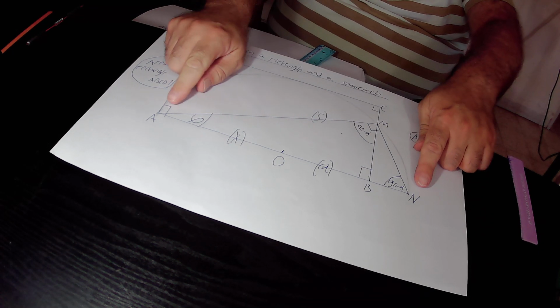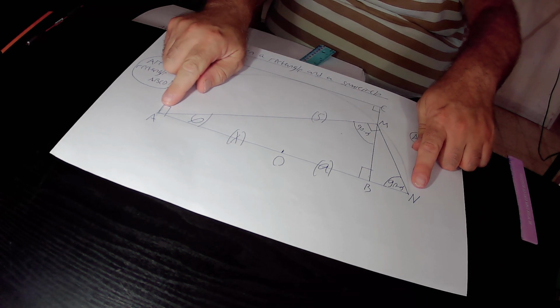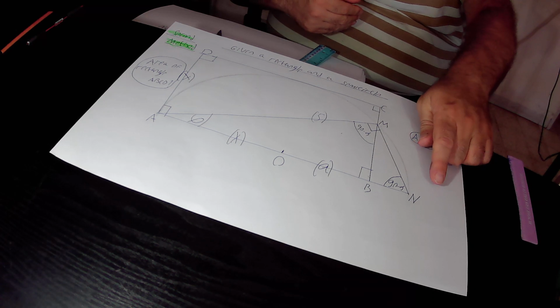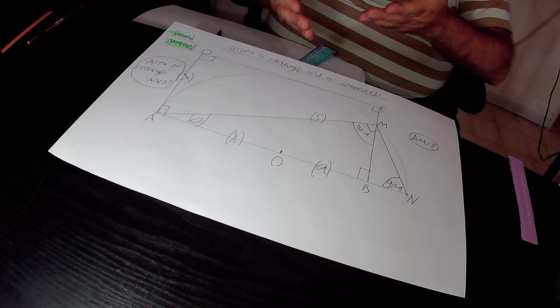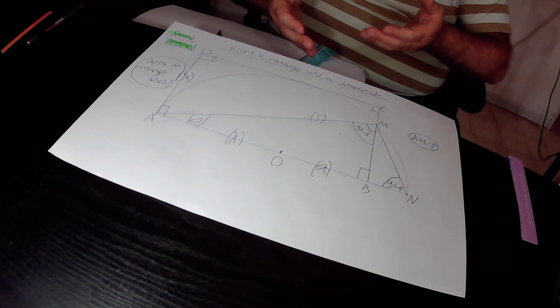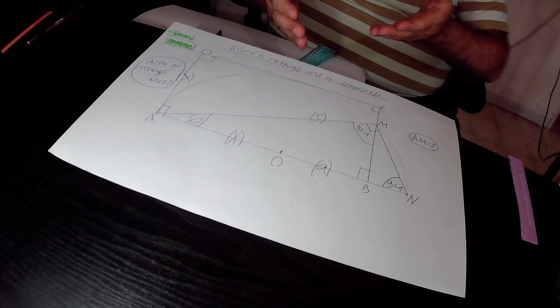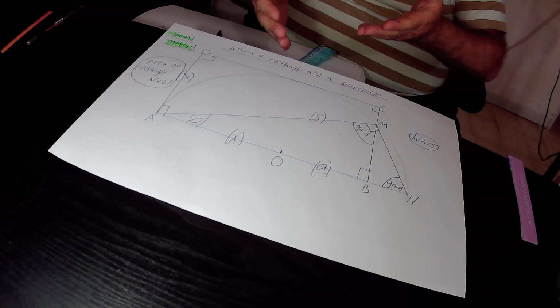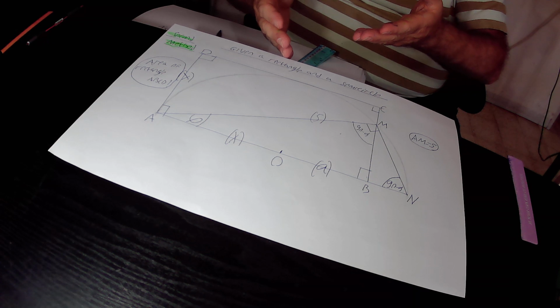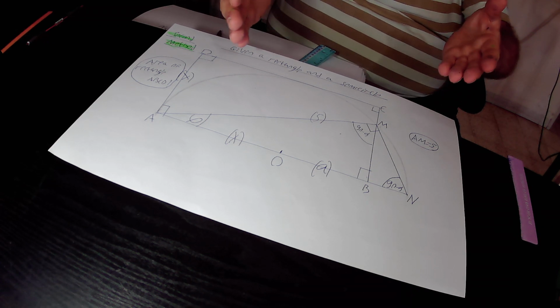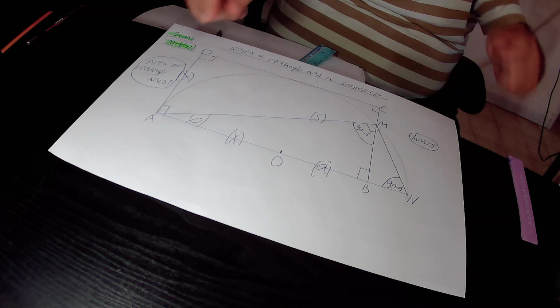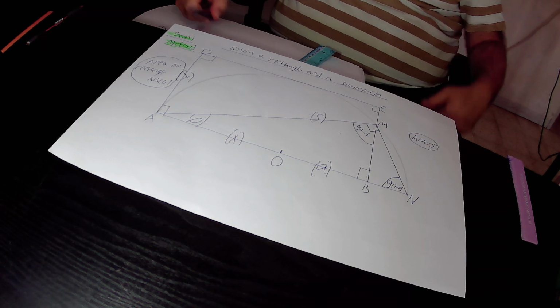And line segment AN is the diameter of this semicircle. We know that the radius of this semicircle equals x. Therefore, the diameter must be twice as long as the radius, so the diameter must equal 2x. So AN equals 2x units in length.